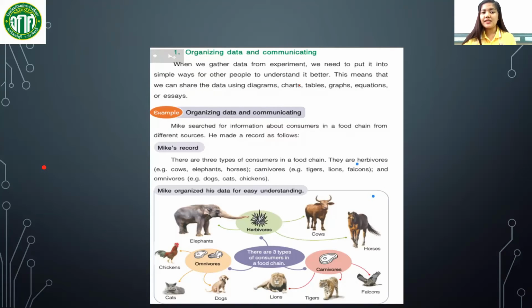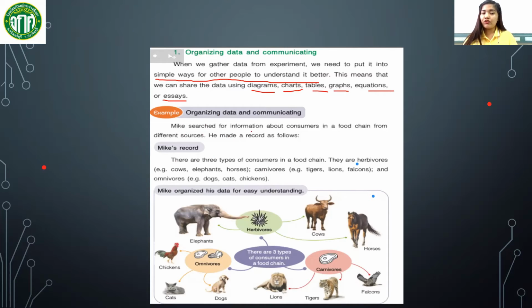Okay, so this means that we can share the data using diagrams, charts, tables, graphs, equations, or essays. So after gathering data from an experiment, you need to organize it so other people can understand it better. Okay, so we have here an example of organizing data and communicating.